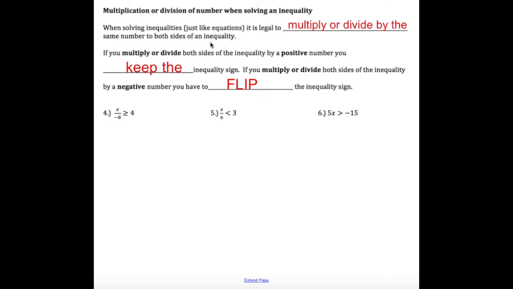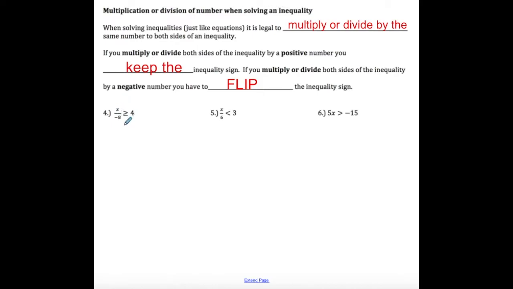In the investigating inequalities activity, we saw, though, if we're going to multiply or divide both sides of the inequality by a positive number, we are going to keep the inequality sign the same. If you multiply or divide both sides of an inequality by a negative number, you must flip the inequality sign to maintain a true statement. So let's do a couple examples like that.